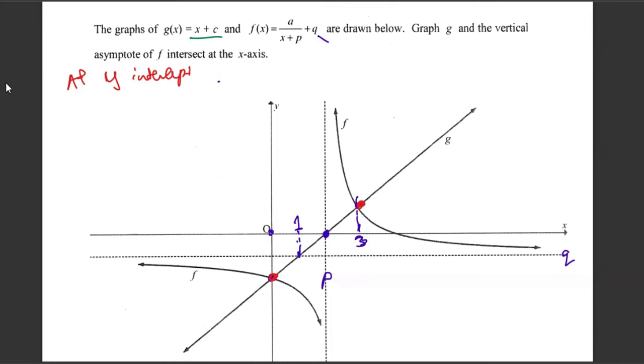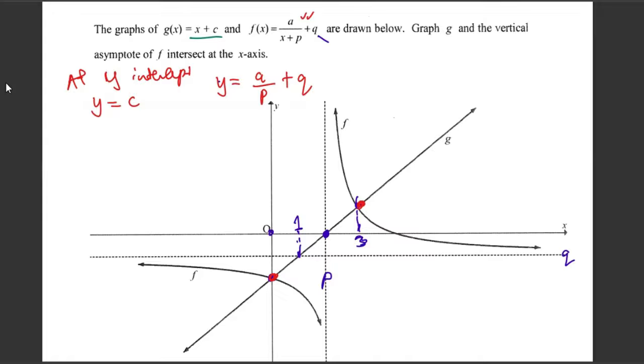Meaning that our x is a 0, meaning that y is the same as c. Then if I look at f, still at the y-axis, where x is a 0, I know that y is going to be a over 0 plus p, which is a over p, plus q. That is one other thing that I need to also look at.